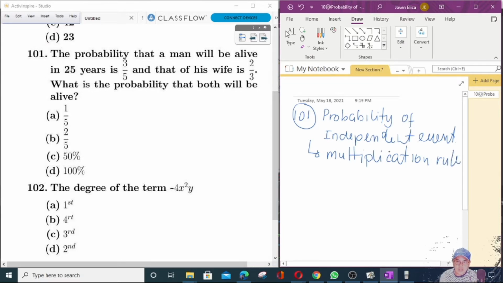Another clue is when you see "and" in the sentence of the problem, which means this is a multiplication rule.